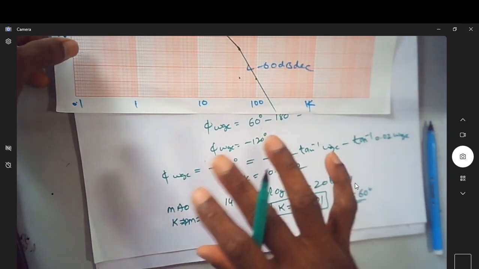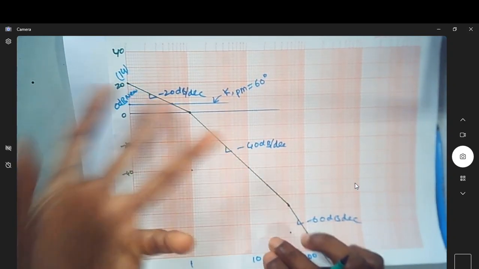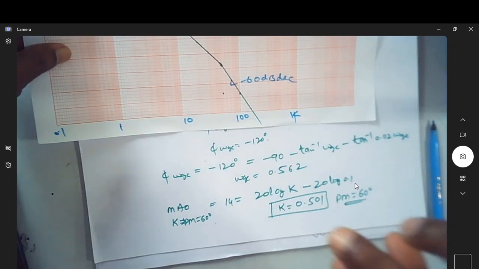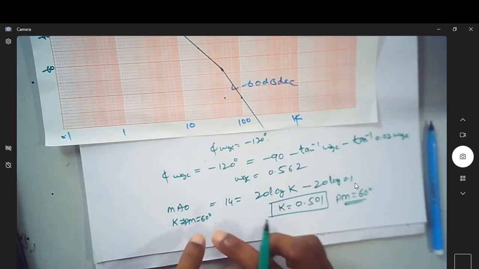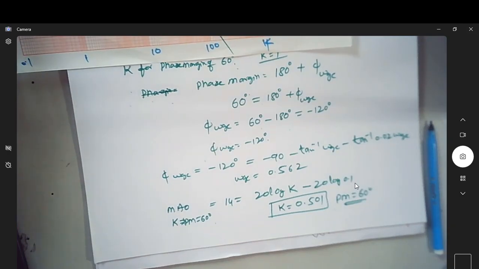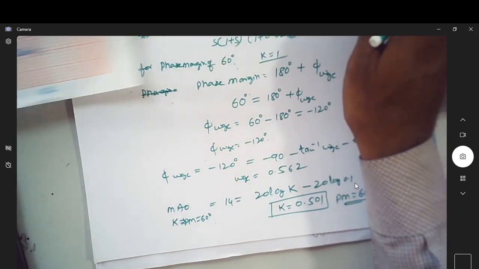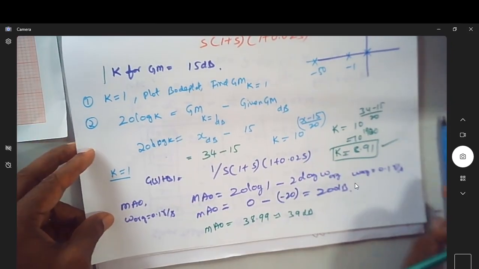Okay, this is graphically how we can do it. Since we have plotted the graph, I am just finding it graphically. We can also find the value of K theoretically using the equation. How to do that? Because we know omega GC, and we know the magnitude equation. What is the magnitude equation?